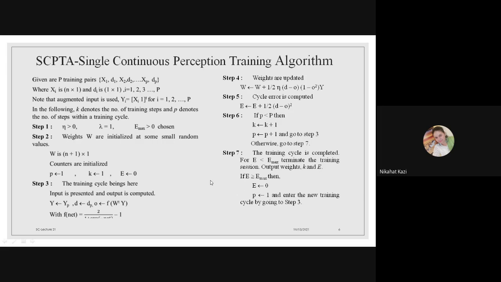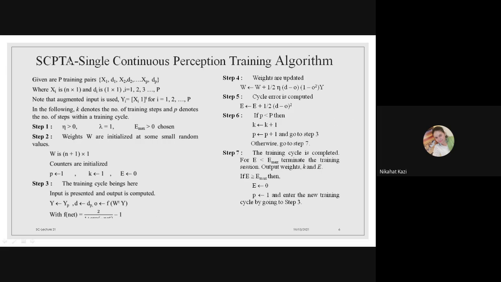You reset the error E to 0, and again compute the cycle error for the next iteration. You start with the first pattern all over again. Suppose there are 100 patterns. After those 100 patterns, again you start with pattern 1. That is what you do.